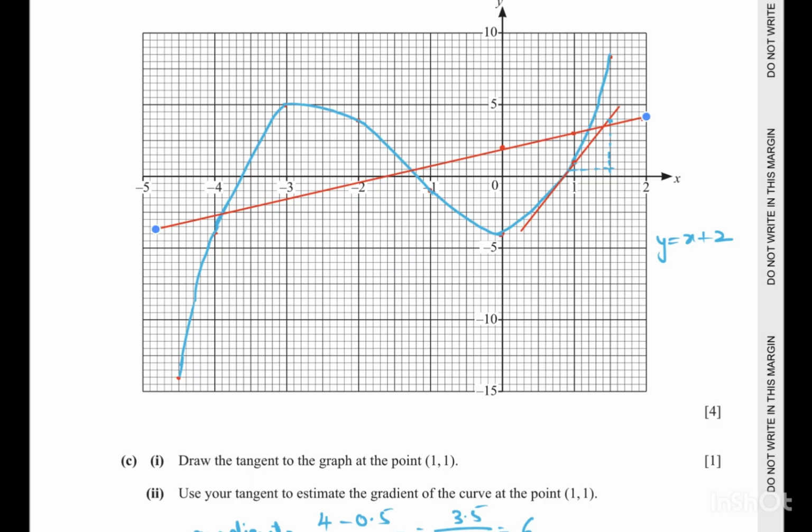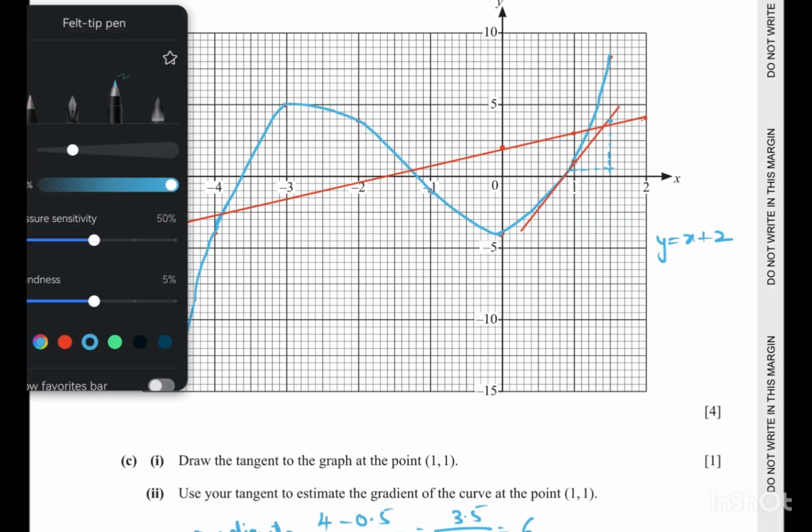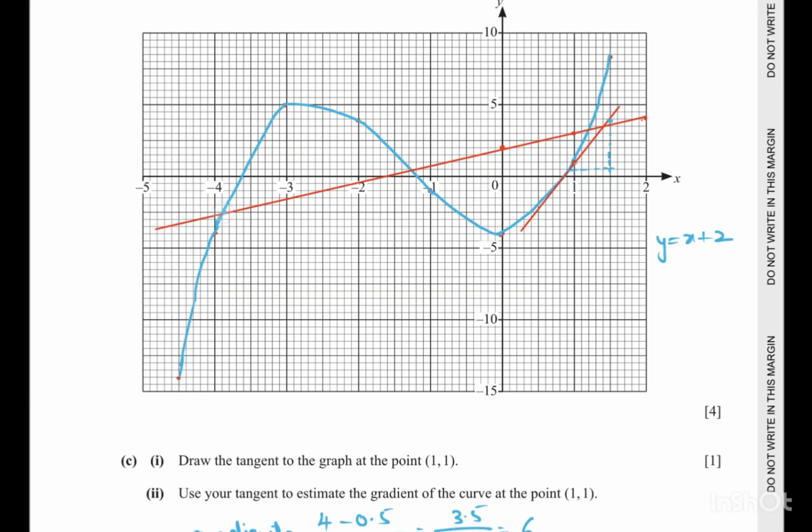Now using this, we have to find the values of x, where this line is cutting the graph. The first point is minus 3.9.